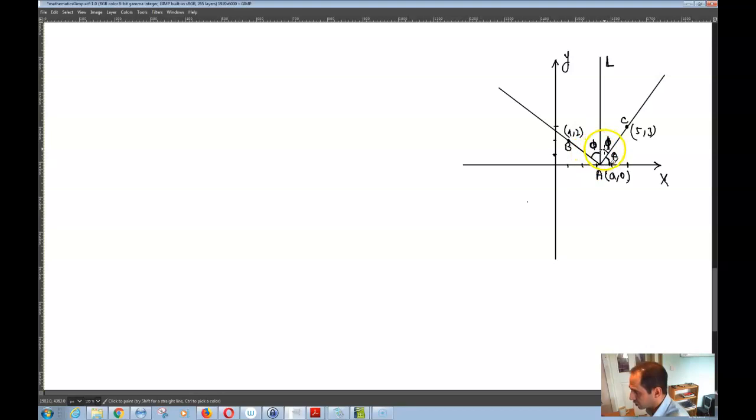And since these two angles are equal, then this angle is also going to be equal to this angle, meaning that this angle is also going to be theta. Or in other words, you can say that if I call this point O, angle LAO is equal to angle LAX, which is equal to 90 degrees.